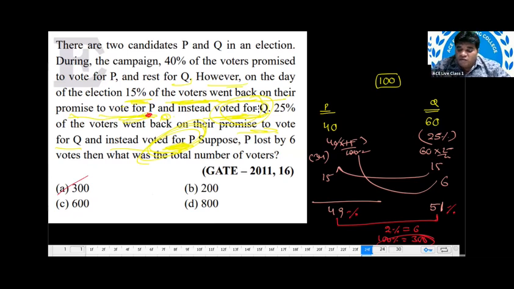Instead voted for Q means they voted for Q. Instead of Q means Q కి బదులు. Next.